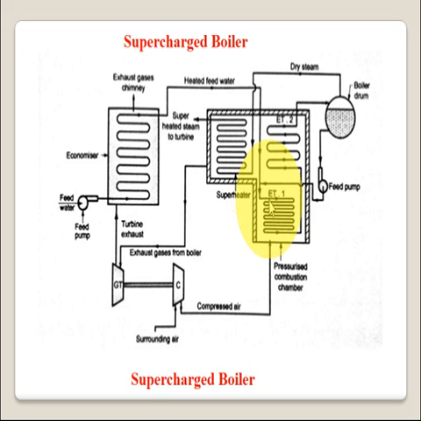In evaporative tube 1, the water gains heat by radiative and convective modes and is converted into steam. The mixture of water and steam then enters tube 2, and from tube 2 the wet steam is passed to the boiler drum.